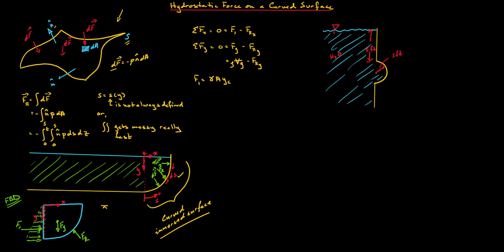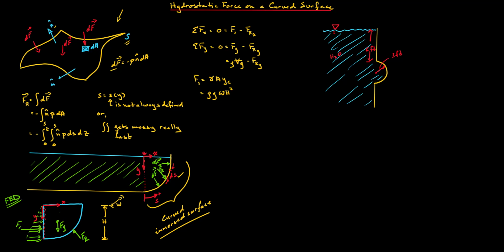So if we define this dimension here as h, and let's say that it has a dimension into the page of w, then we can write F1 as rho g multiplied by the area, which will be W H, and then multiplied by yc, which will be H over 2.